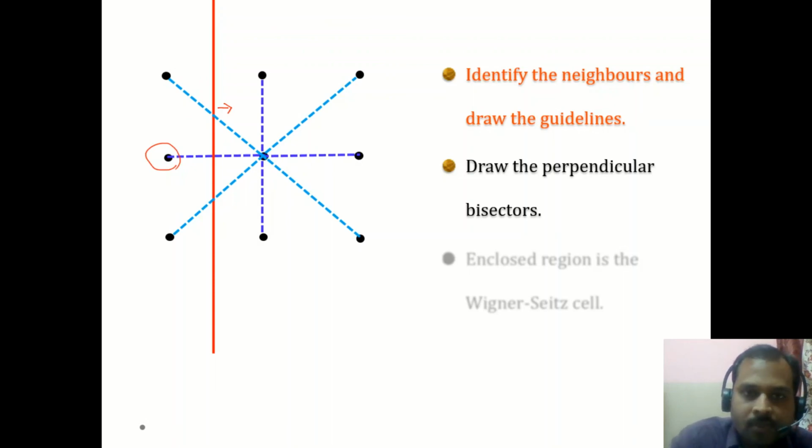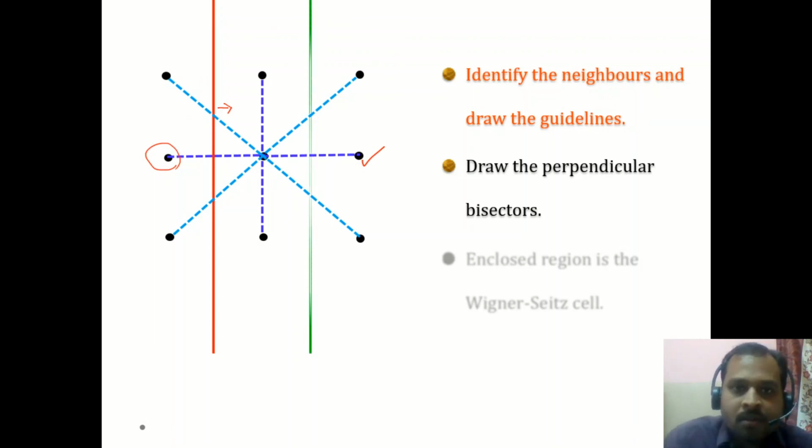Similarly, if I focus on this lattice point, let me draw the perpendicular bisector between this lattice point and this lattice point. All the points lying on the left of this bisector are closer to this point than to this particular point. Similarly, I can do it for this lattice point and this lattice point.